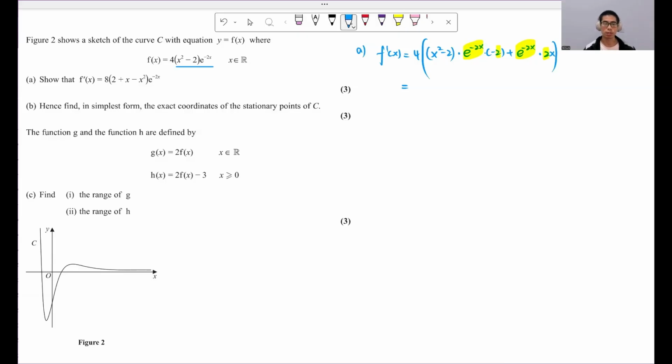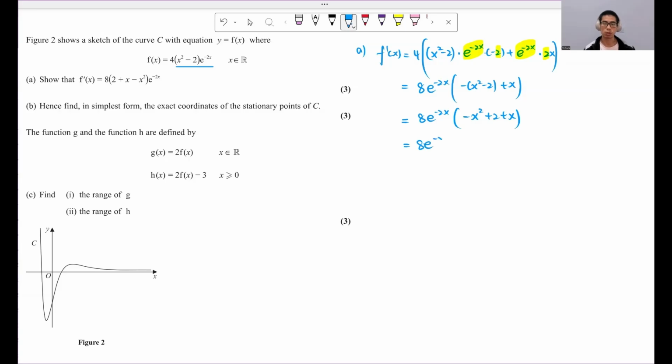If I factorize out 2, 4 times 2 is 8, and then e to the power negative 2x. What is left would be negative of x squared minus 2, and also x. So we have 8e to the power negative 2x times negative x squared plus 2 plus x.